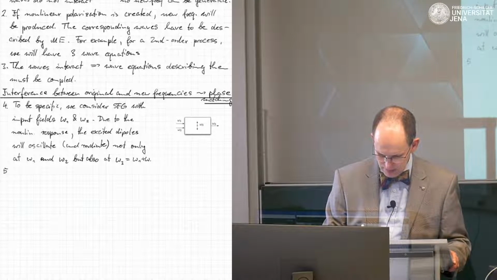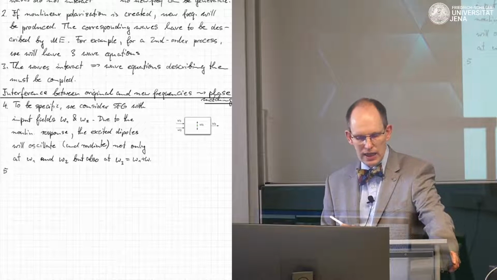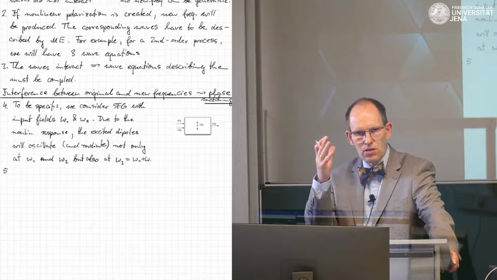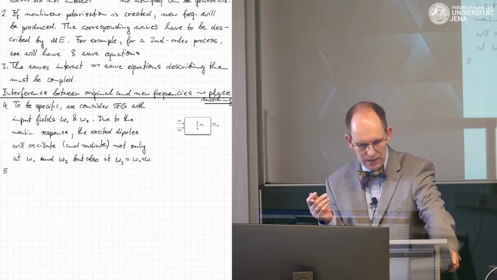And if we consider a single atom, then this oscillates like a dipole. So this cosine square-like pattern.